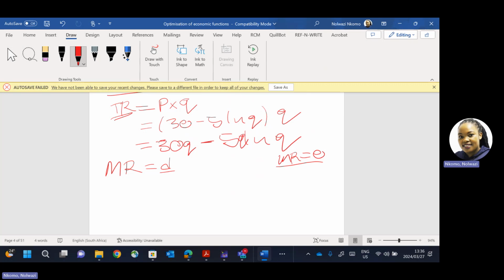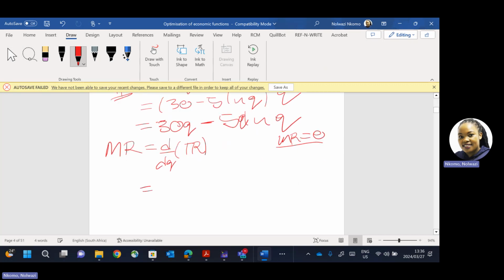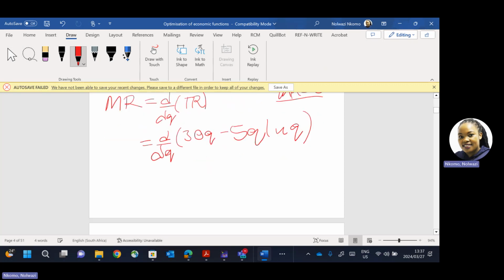So we have d/dQ of total revenue, right? So this means we have d/dQ of 30Q minus 5Q ln Q. And this would be 30 d/dQ of Q minus 5 d/dQ of Q ln Q, right?